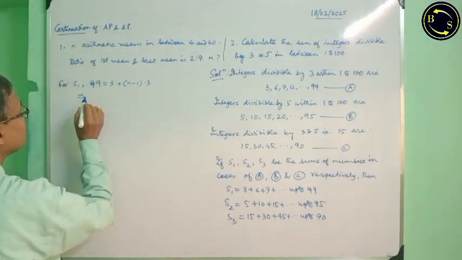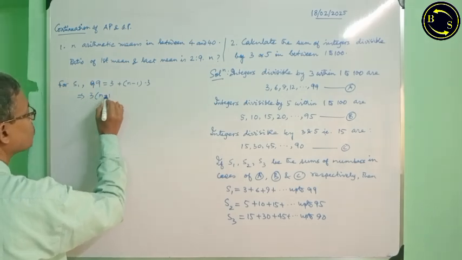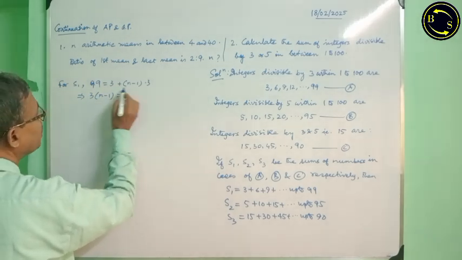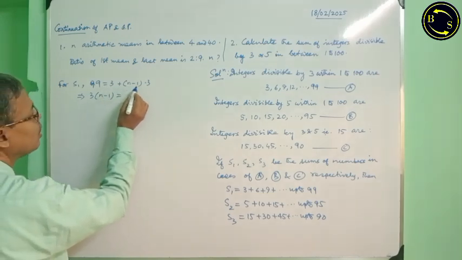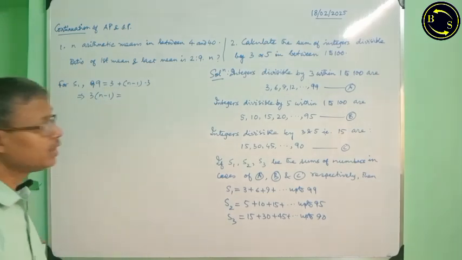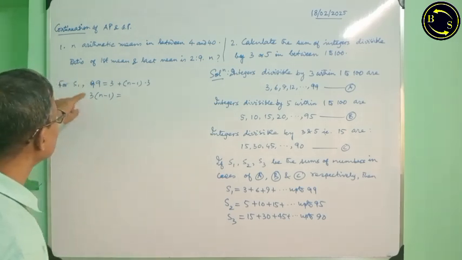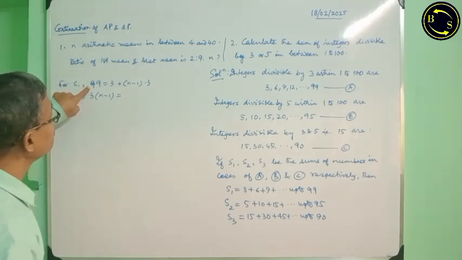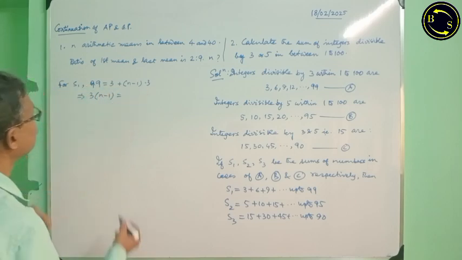I have applied here the formula a plus n minus 1 whole into d. I don't know how many 3's are there. For that, the last term, that is 99, is equal to a plus n minus 1 whole into d.